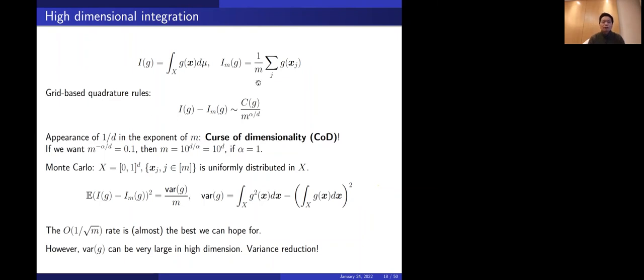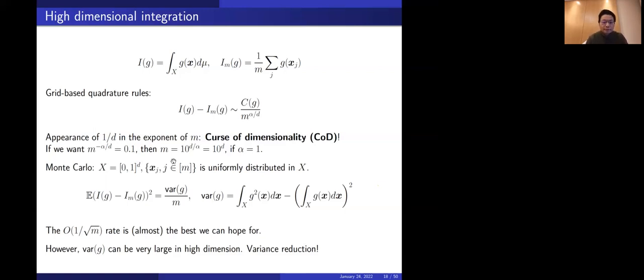And what does work is Monte Carlo. We do Monte Carlo, namely choose these x_j's to be i.i.d. random variables uniformly distributed in the cube. Then we know this is exact, and the error squared goes like 1 over m. There's no 1 over d in the exponent, so the convergence rate does not depend on the dimension.